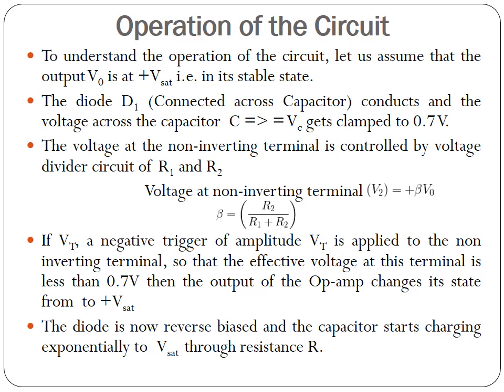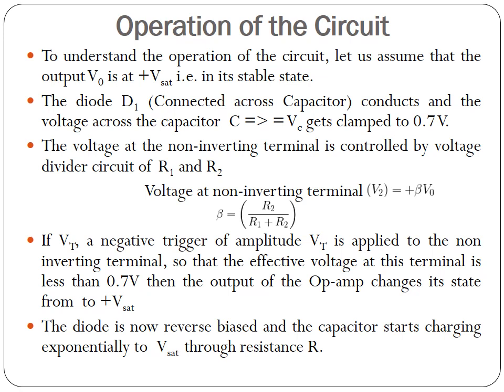The voltage at the non-inverting terminal is controlled by the voltage divider circuit of R1 and R2. Voltage at the non-inverting terminal V2 is equal to beta V0. So here beta is equal to R2 by R1 plus R2.